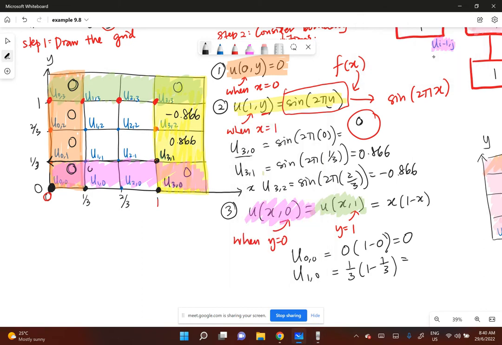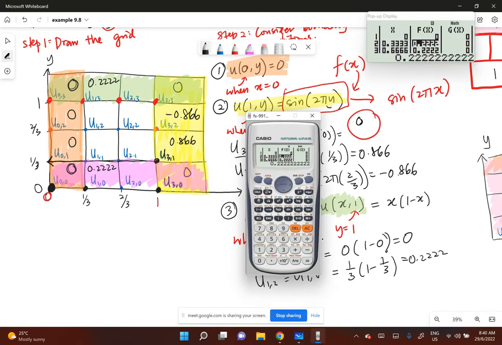So here this is 0.2222, and on the top here, u13 is also the same, 0.2222.